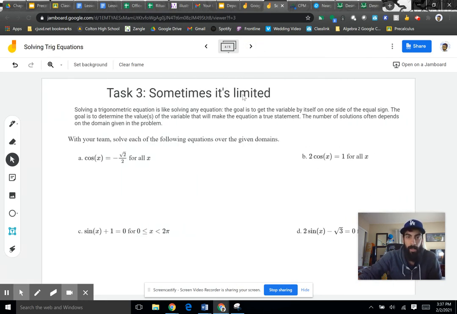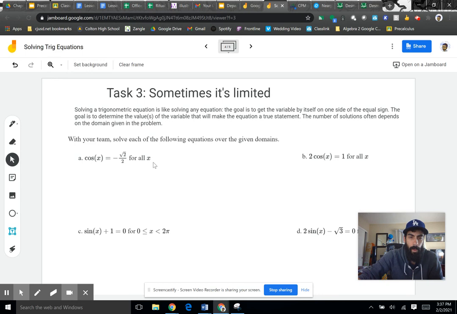All right, then start thinking about task 3. For these, you need to solve the equations. One of the key things here is that it's like any other equation. The goal is to get the variable by itself on one side of the equal sign. Problem is, when we have something like this, we don't exactly have an operation yet that can cancel out cosine. But I want you to think about it just like we did in task 1 to find solutions for cosine of x.